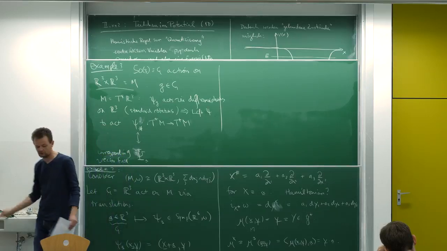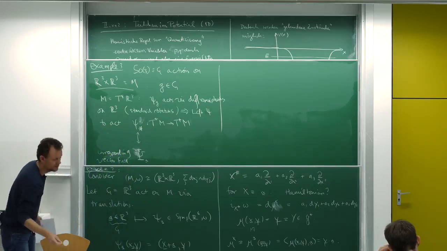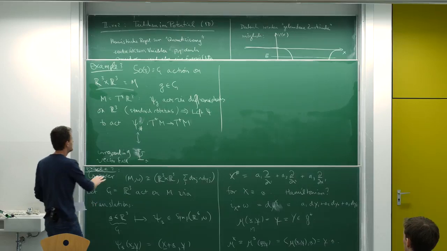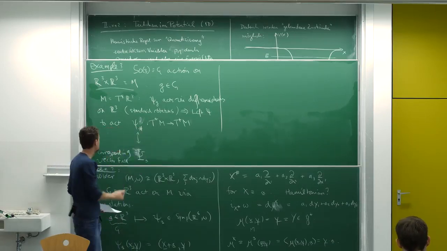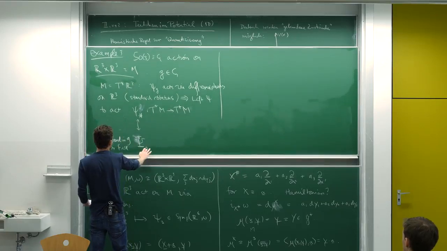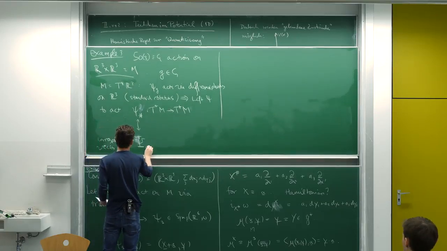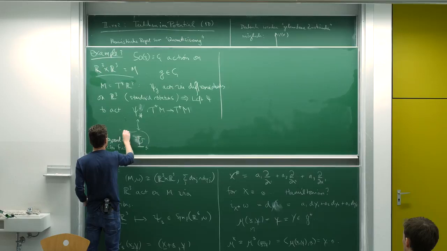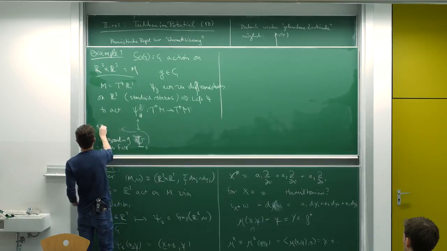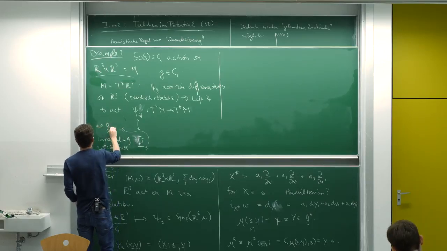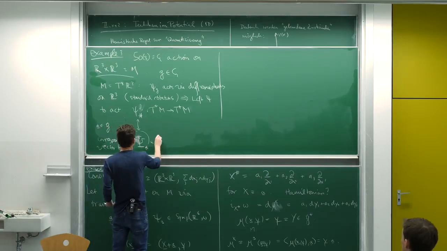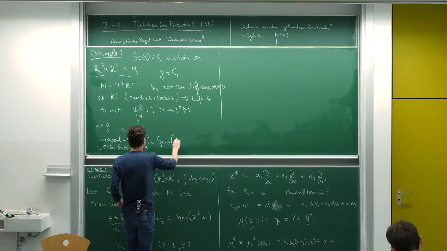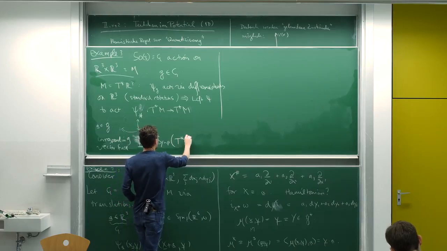So corresponding to any infinitesimal symplectomorphism, there's a vector field on T star M. And that vector field psi is indexed by an element of the Lie algebra. So here A is an element of the Lie algebra. So this vector field psi A is an element of the symplectomorphisms of T star R3 omega.